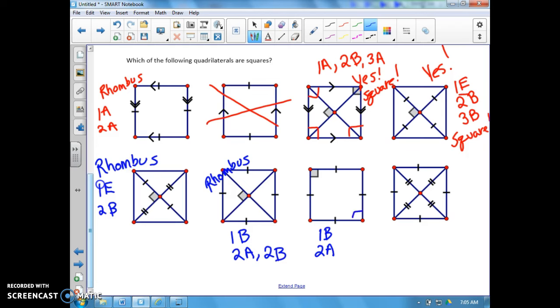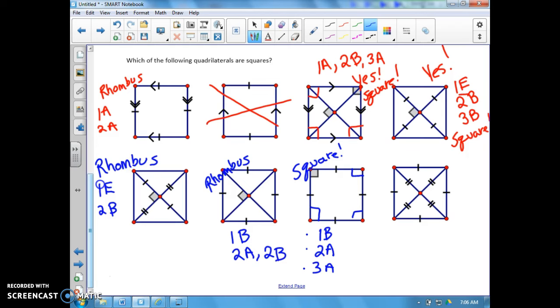Therefore, this would be 90 degrees because the opposite angles have to be congruent since it's a parallelogram. And these two have to be 90 degrees because consecutive angles have to add up to 180. So by 3A, by the definition of a rectangle, this thing is also a rectangle. Well, we've got that it's a parallelogram, a rhombus, and a rectangle. Therefore, he is a square.